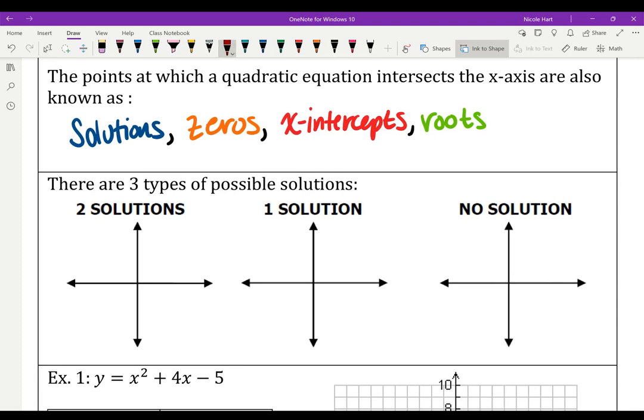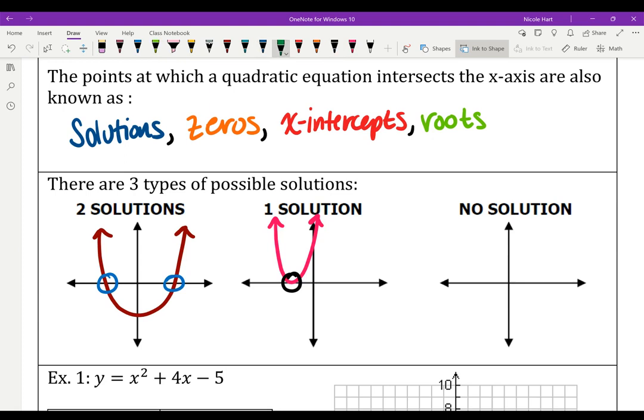We have three possible types of solutions. We can have situations where we have two solutions, where we swoop down and swoop back up, and we cross the x-axis twice. That gives us two solutions. We could have a situation where our graph swoops down, it just touches the x-axis in one place, and we have one solution.